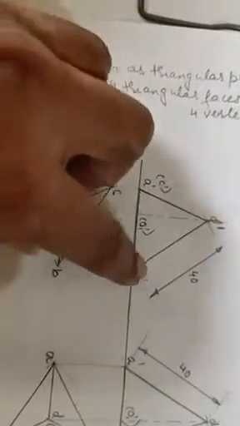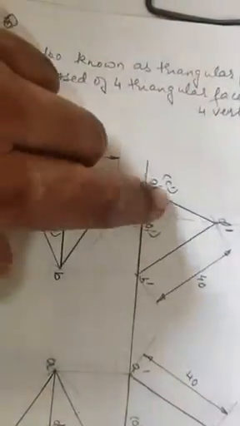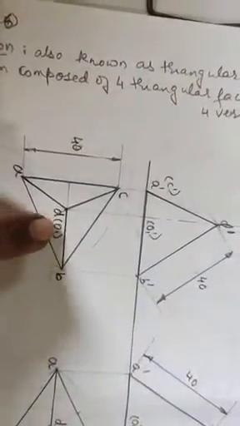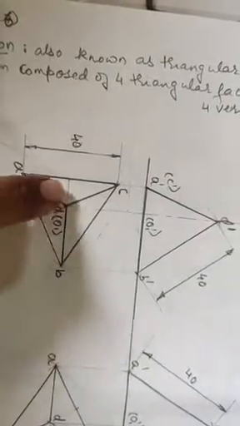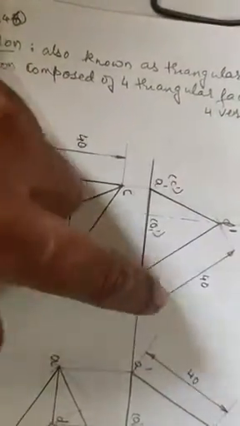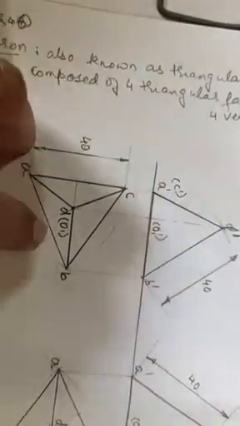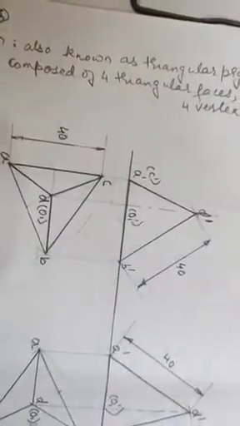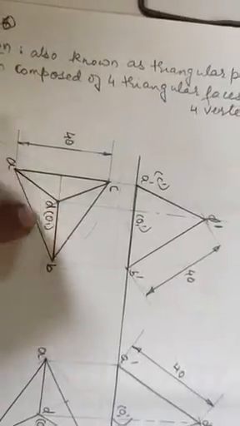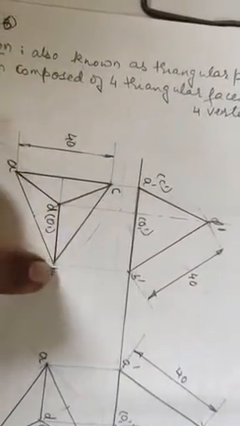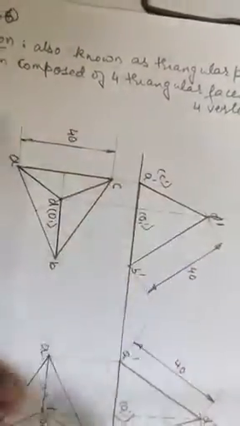Complete the triangle. So the triangle visible to you is A dash, B dash, D dash. C dash is exactly behind A dash. O1 dash is in brackets. So this triangle is visible to you in the front view. This is how you get the front view.